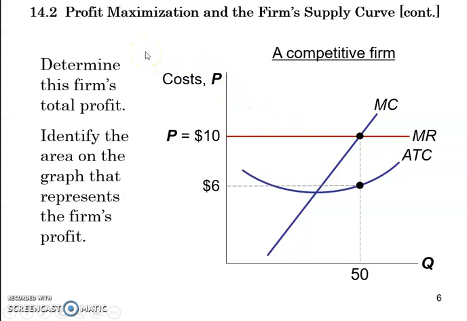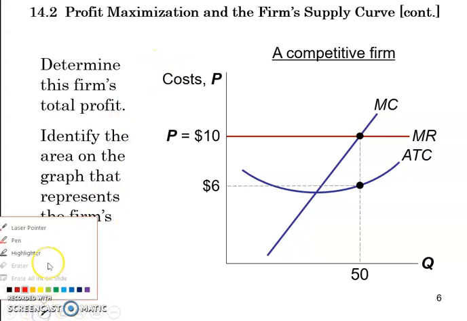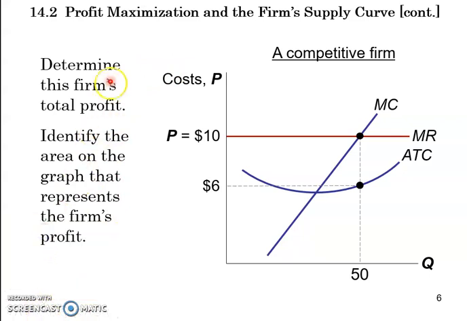So here we already showed you these three curves, and we are trying to figure out the firm's total profit. On the graph, that means we have to identify the area which represents the firm's profit.